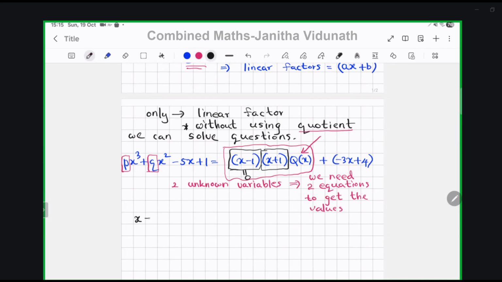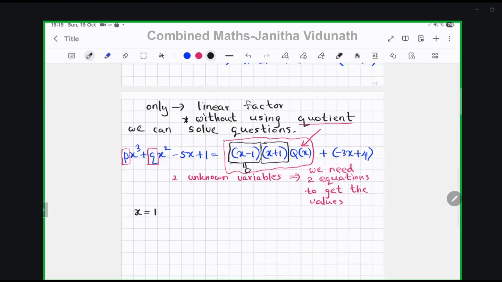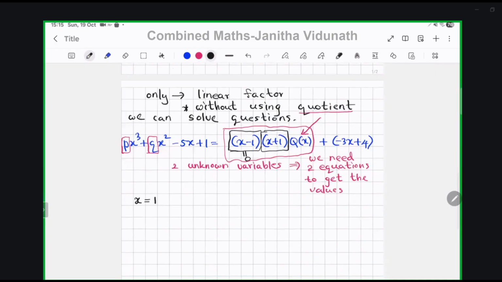If we substitute x equal 1, then on our left hand side we get p times 1 cube plus q times 1 square minus 5 times 1 plus 1, equal to, on the right hand side, 1 minus 1 times 1 plus 1 times q1 plus minus 3 plus 4.